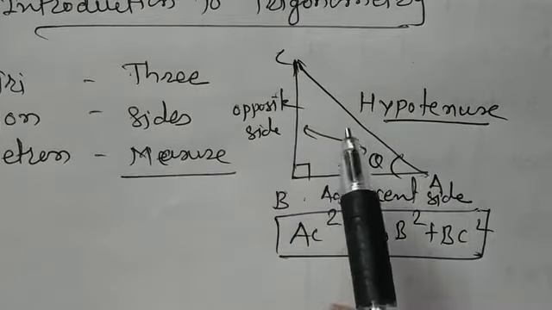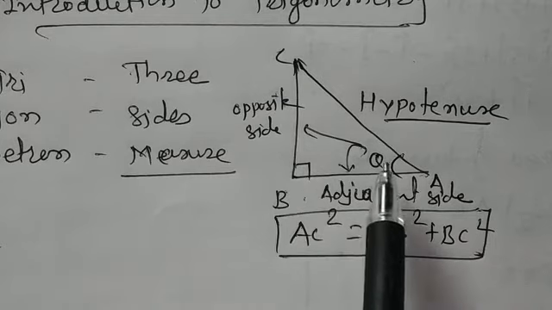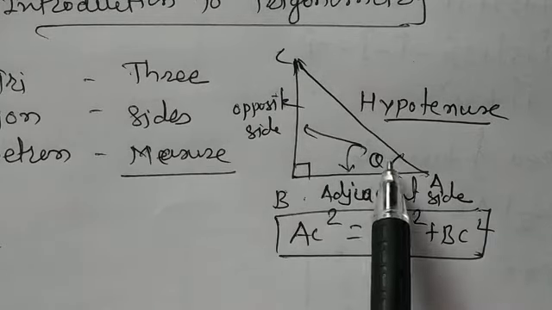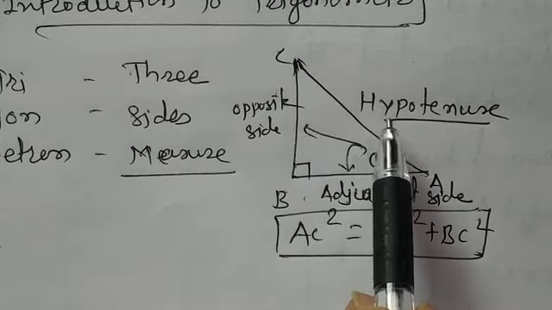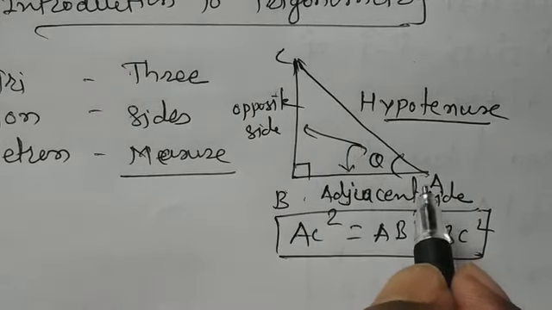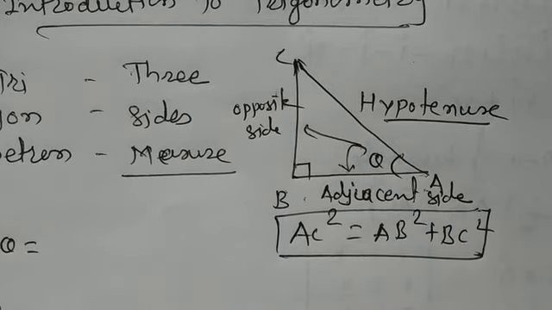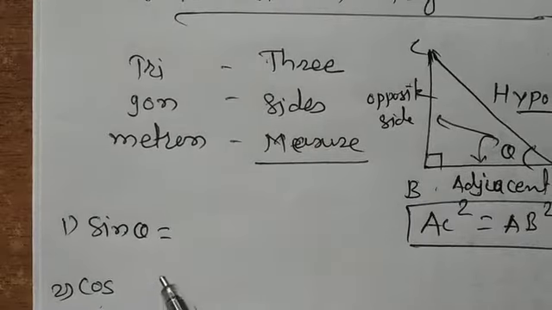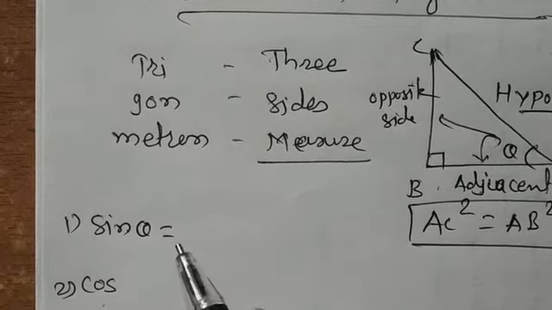So the triangle can be distributed into 3 sides from the angle: the angle's adjacent side, the angle's opposite side, and the hypotenuse. So sine of A or sine of theta, that is the formula. This is the most important formula you can learn now.